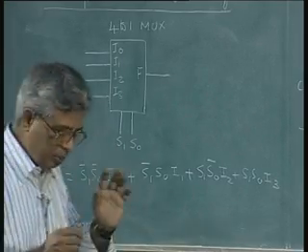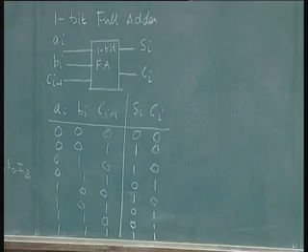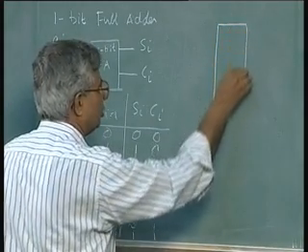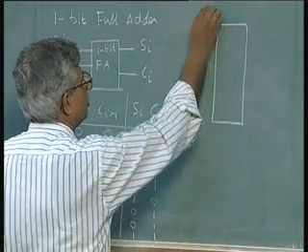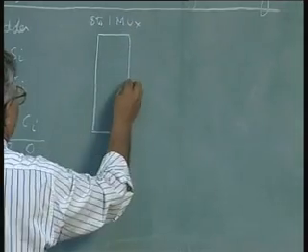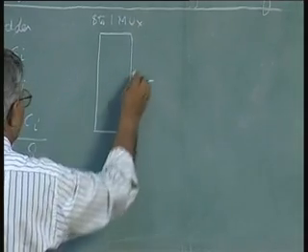That will be the simplest possible implementation. So I am going to use an 8 to 1 mux, and the output F is nothing but Si.